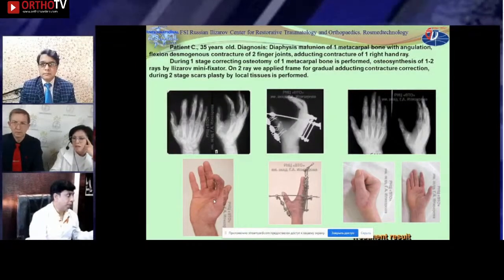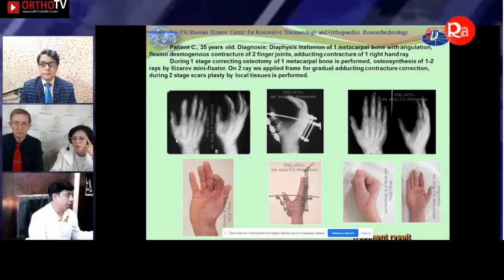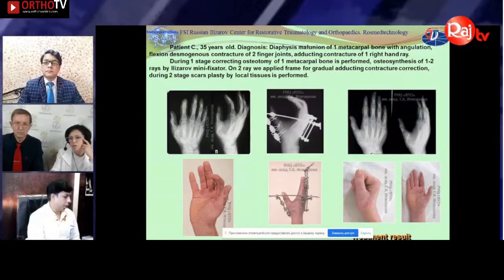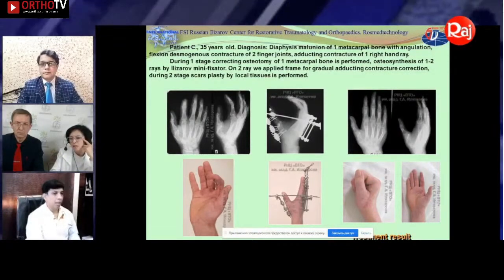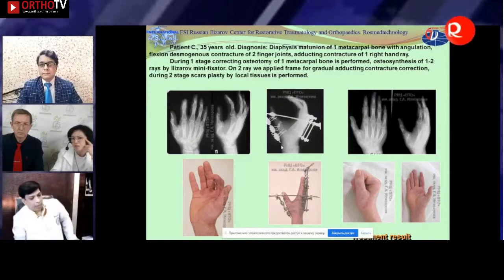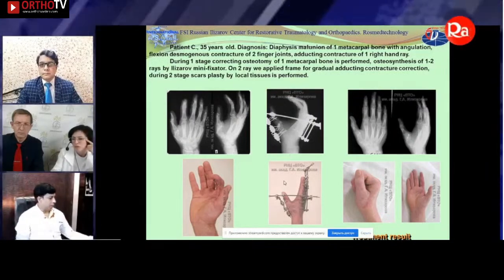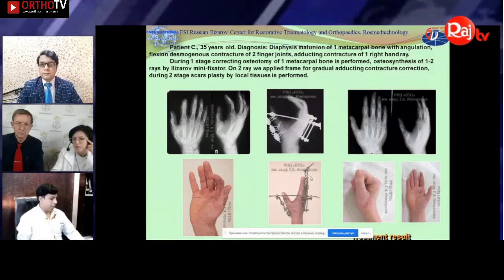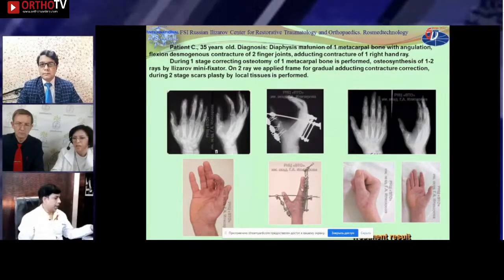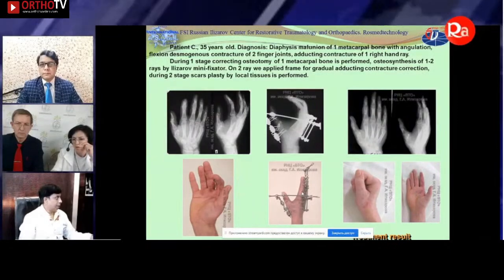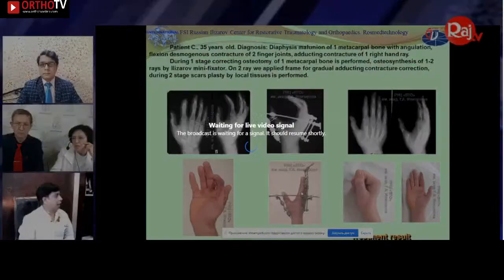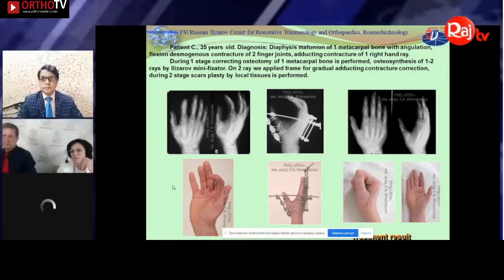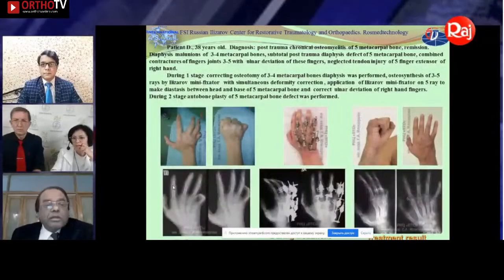We can see big scar and deformity of first metacarpal bone. In operation, we made the osteotomy of first bone and corrected the ray, and plastic of scar, and fixed Ilizarov frame on second finger, and result of the operation.